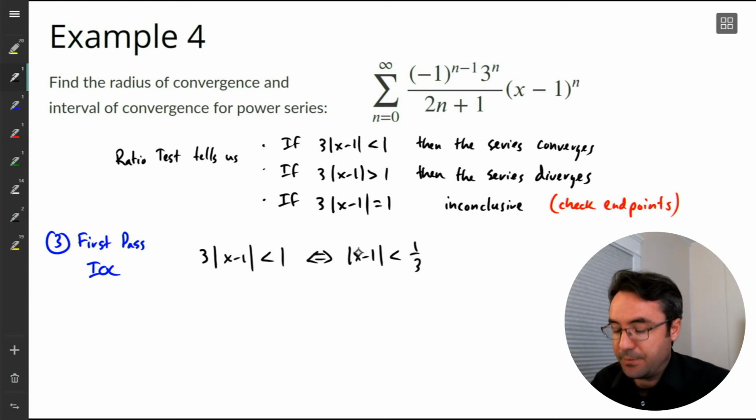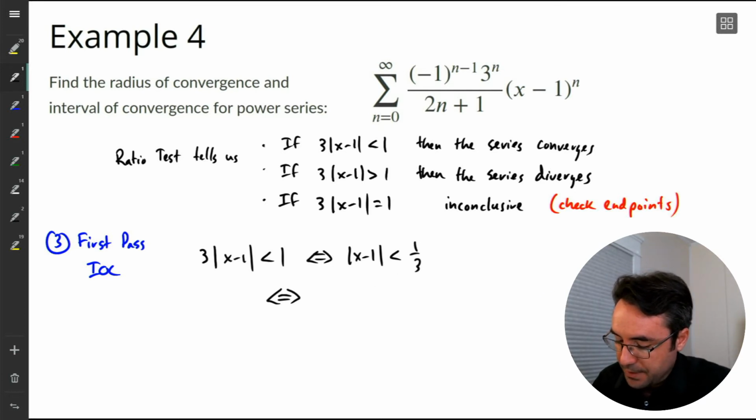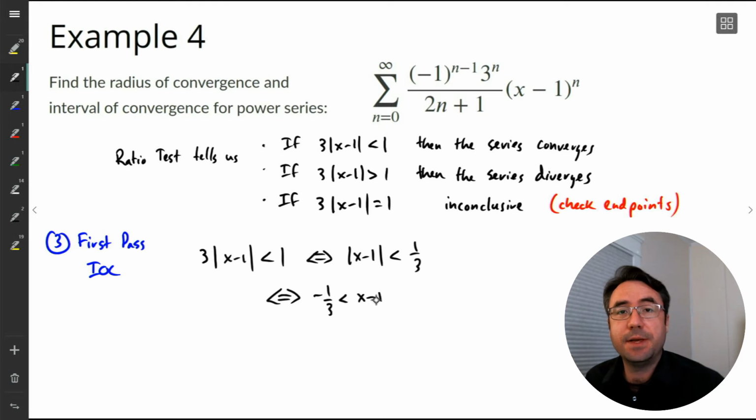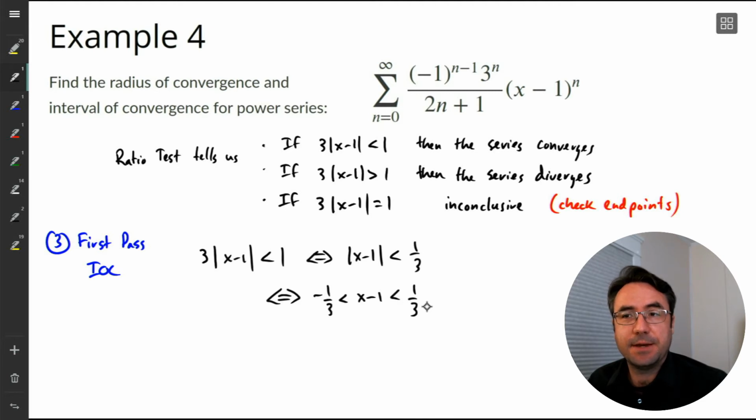Dividing by a positive number keeps the inequality the same. And now at this point, when we've solved for this absolute value term on the left, we can split this up and write it as a double inequality. So we can write negative 1/3 is less than x minus 1, so x minus 1 there in the middle, and then less than 1/3 on the right side.